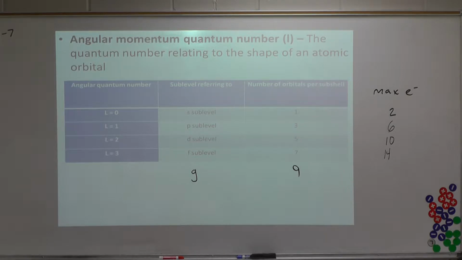Could I have less than max? Like if I have fluorine, do I have 6 electrons in this P sublevel? How many do I have? 5. What if I'm here? 2. Okay? D: 1, 2, 3, 4, 5, 6, 7, 8, 9, 10. I can have a max of 10, but that doesn't mean I will have 10. It depends on the situation, and so forth.